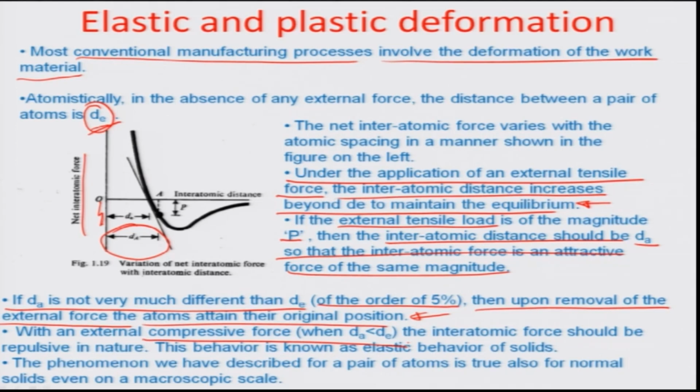But this is only limited to about 5% change in d, but beyond 5% the distance is so much that the influence of the primary atom finishes, and then the system may not restore back to normal conditions.